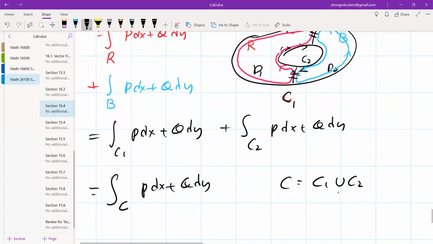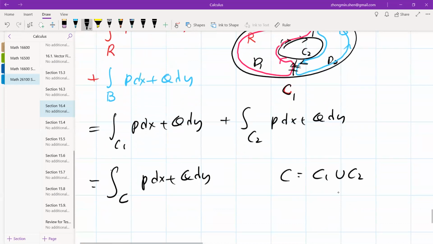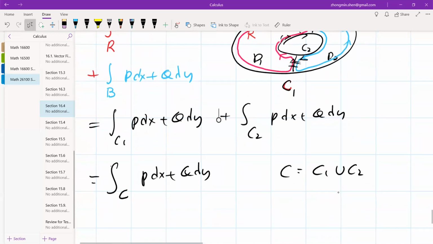So we still have Green's theorem for an arbitrary domain, okay? Clear now? Not necessarily for a simple domain.